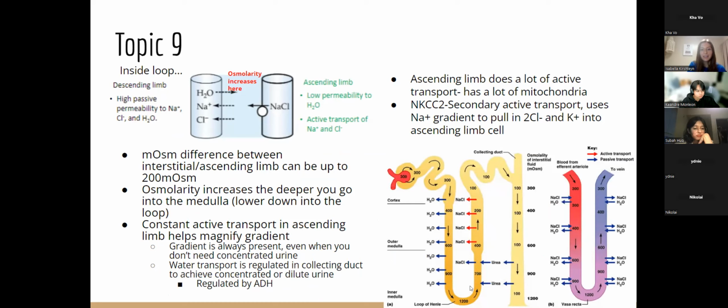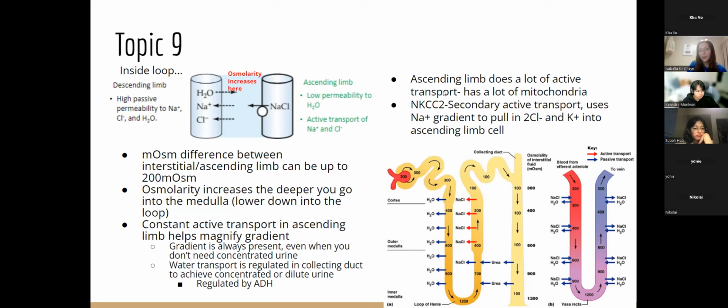And then to circle back up here, the ascending limb has low permeability to water, so not much water will be able to flow in or out. And it has active transport of sodium chloride out. So that is meant to increase the osmolarity in this area.